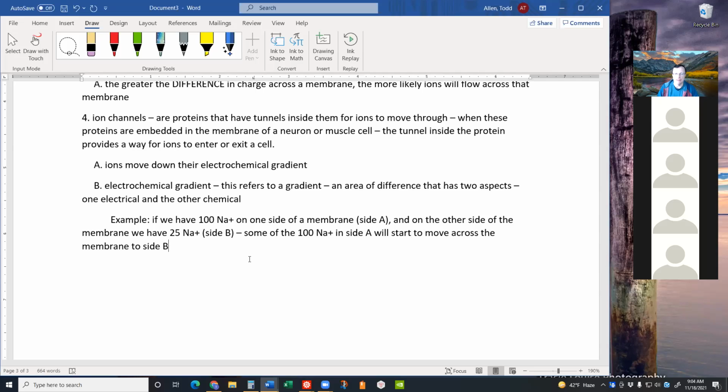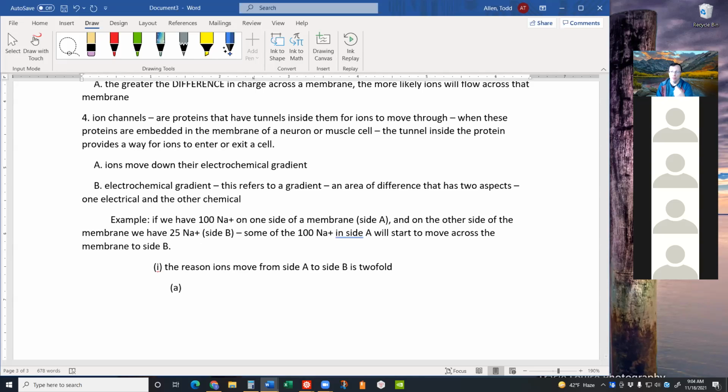And the reason the motion of the ions is from A to B and not B to A is twofold. First off, side A has more positive energy, more positive charge.